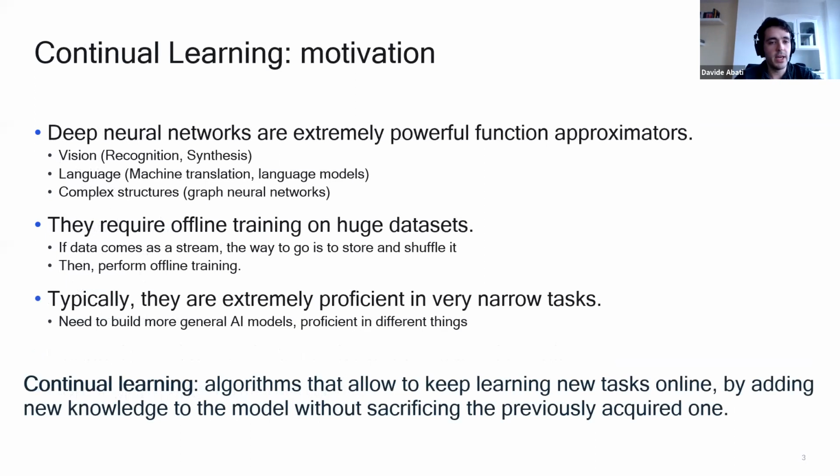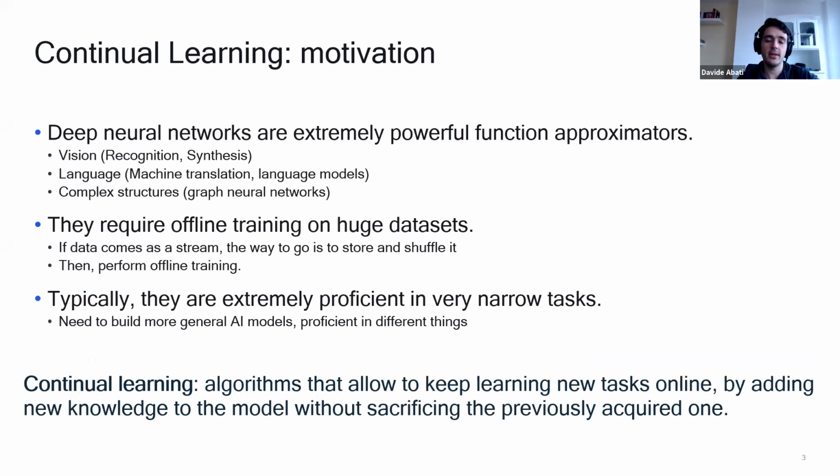So the motivation behind continual learning. We all like deep neural networks. So that's why we're here. They are extremely powerful, extremely proficient in different tasks, from vision to language to graphs to sequence modeling. However, it's really hard for them to train online.